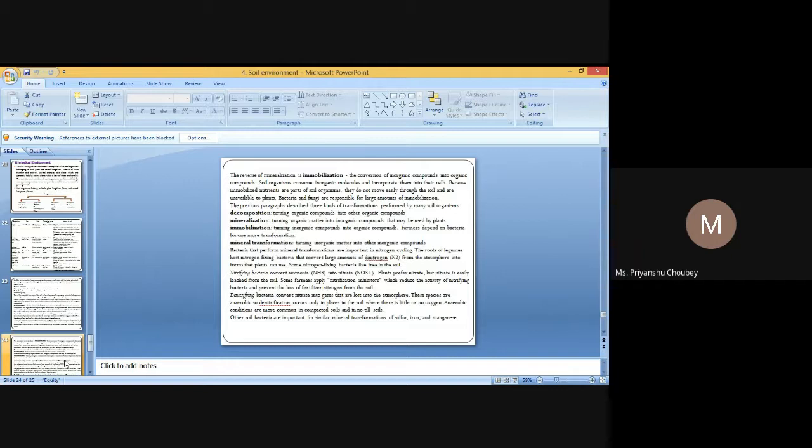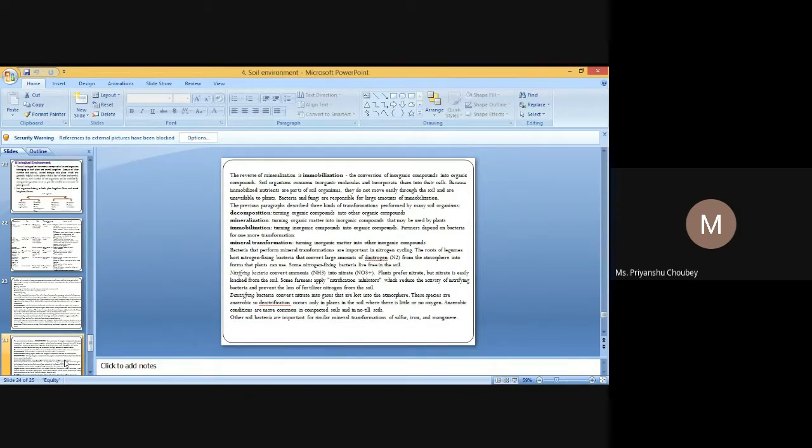They are parts of a soil organism. They do not move easily through the soil and are unavailable to plants. Bacteria and fungi are responsible for a large amount of immobilization.